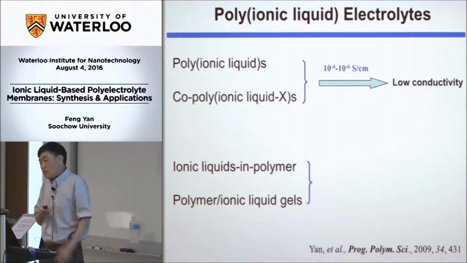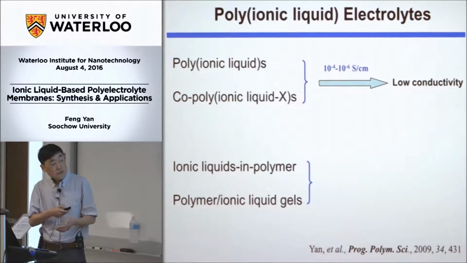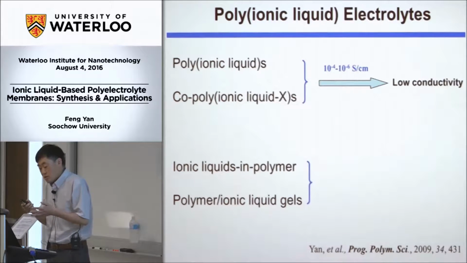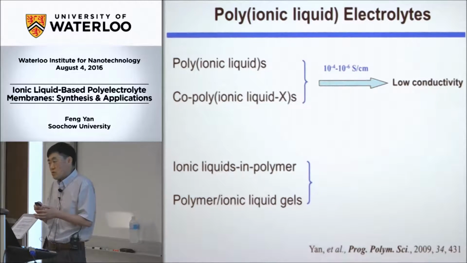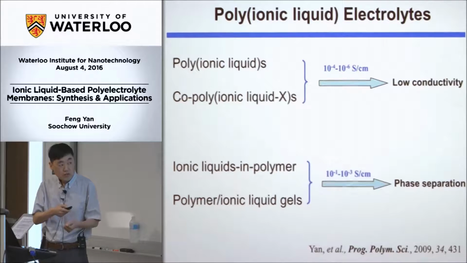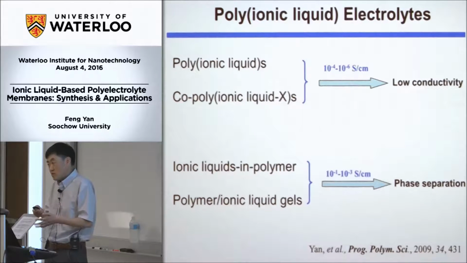The mobility of ions is lower. Therefore, there is another method: you mix the ionic liquid with the polymer, or make gels. In this case, the ionic liquid is still a small molecule. It's not co-polymerized. Therefore, the conductivity of this kind of polyelectrolyte is quite high, similar to the small molecule ionic liquid.